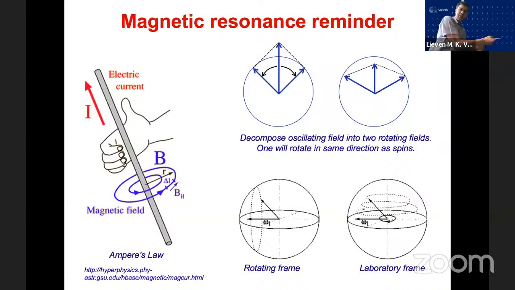I noticed that with the angle of my camera, this is not working as well as I hoped, but in this way you can see the picture here: in the rotating frame, the spin rotates around this axis, around this field, which in the rotating frame looks static, but in reality is rotating.